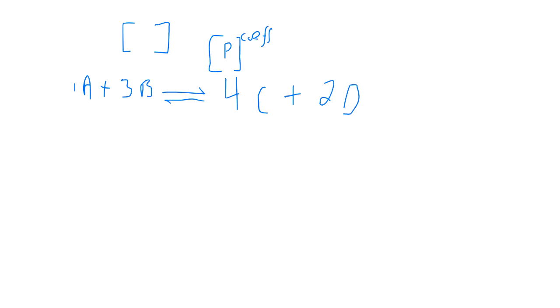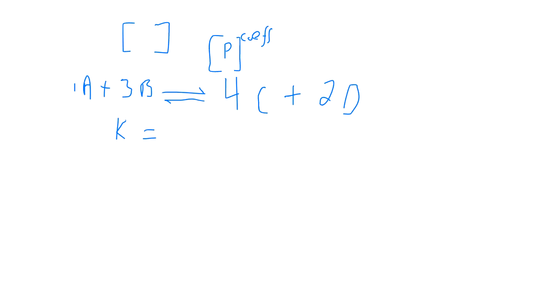So you want to write the equilibrium constant K for this reaction according to the law of mass action, that is equal to the concentration of all the products raised to the power of their coefficients. These are the coefficients 4 and 2.